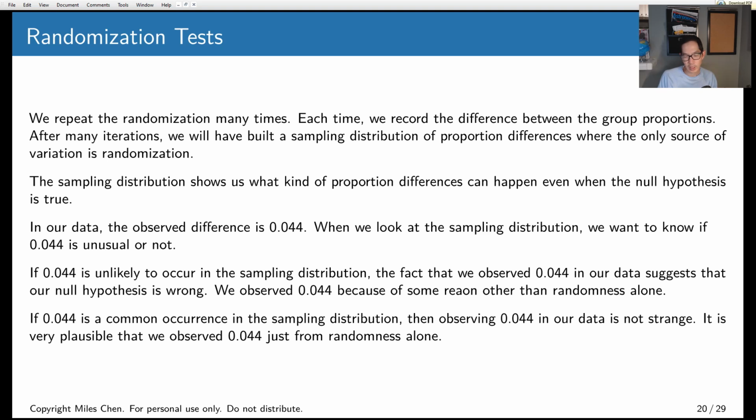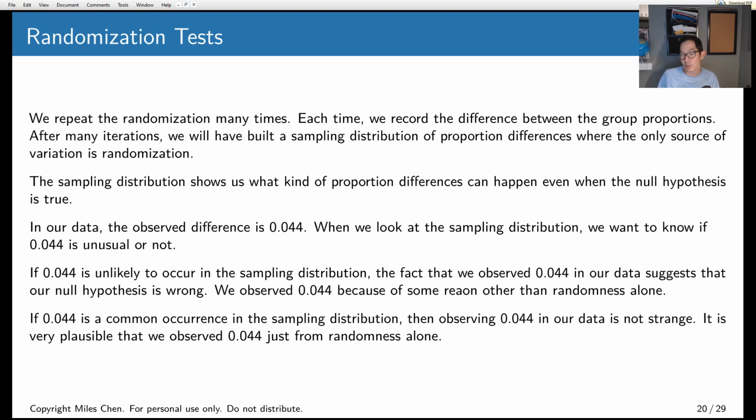What we want to know is whether our observation of 0.044 is unusual or not. That's what we got in our observed data. When we look at the sampling distribution, we want to know if 0.044 is unusual. If 0.044 is unlikely to occur in the sampling distribution, then the fact that we got 0.044 in our data suggests that our null hypothesis is actually wrong.